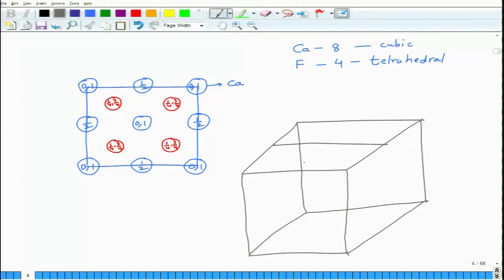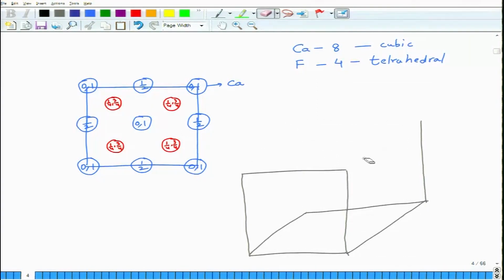This is the problem with the drawing. The drawing should be done in such a manner so that we do not get parallel lines.